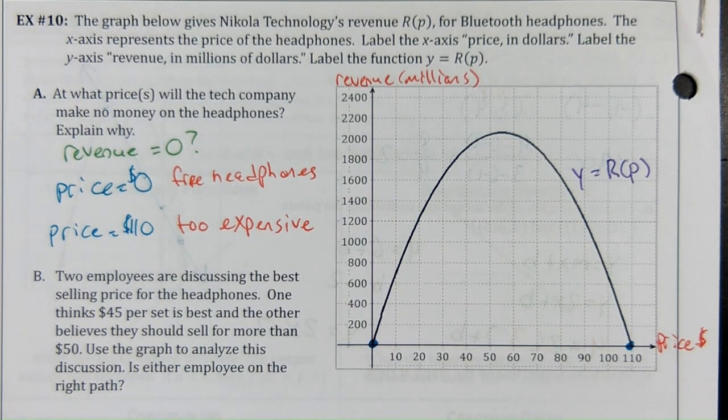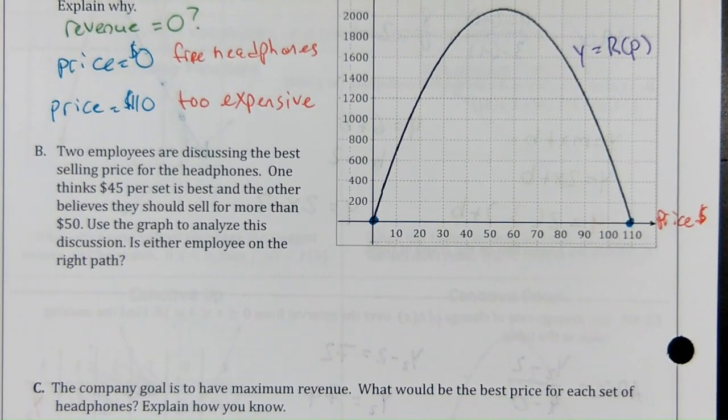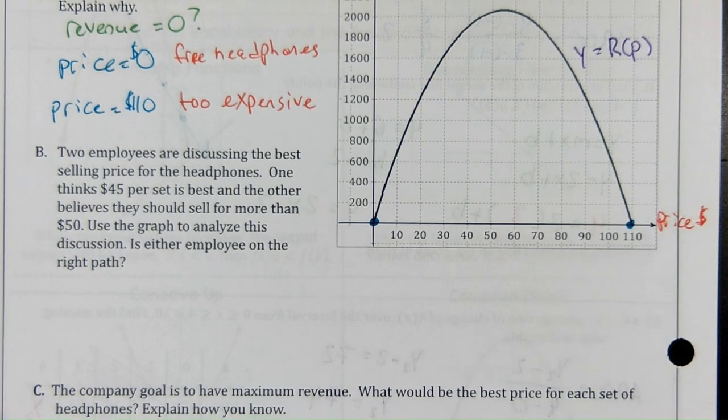Now, two employees are having an argument. Employee 1 says $45 would be the best selling price for their company. We've got to put these things at $45. That's the best thing for our company. Employee number 2 says, I really think they should be more than $50. The question says, is either of them on the right path? Yes. I would say yes. And here's why.